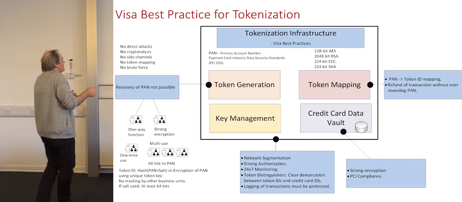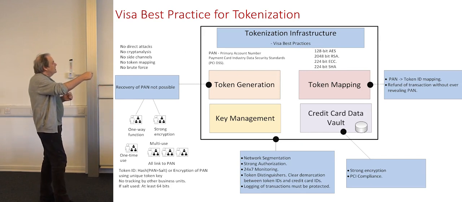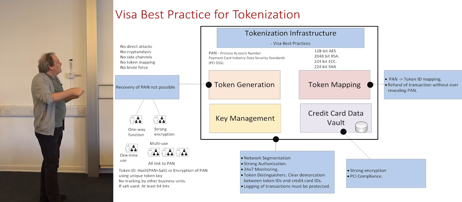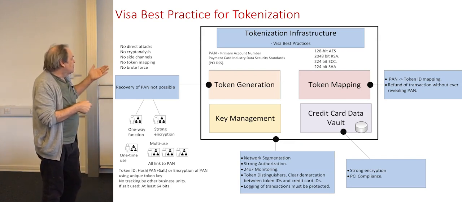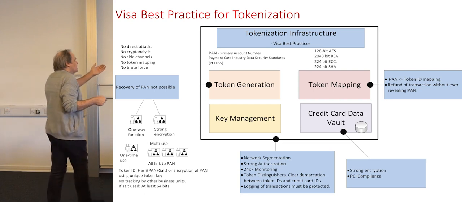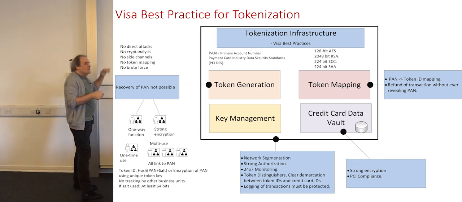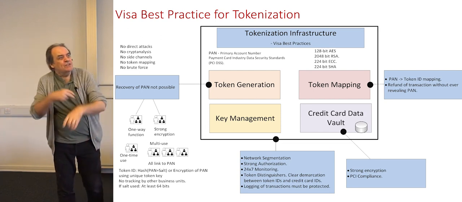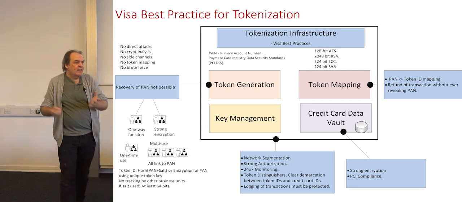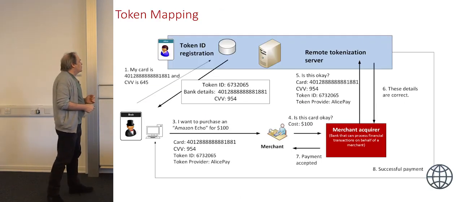So this is the way that Visa defined a tokenization infrastructure for finance. We'd have our token generation, token mapping service, our vault for all the sensitive information, and then some sort of key management system. So this is the way that you would want to create a tokenized infrastructure.